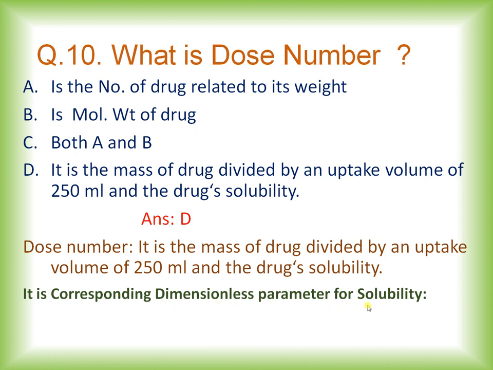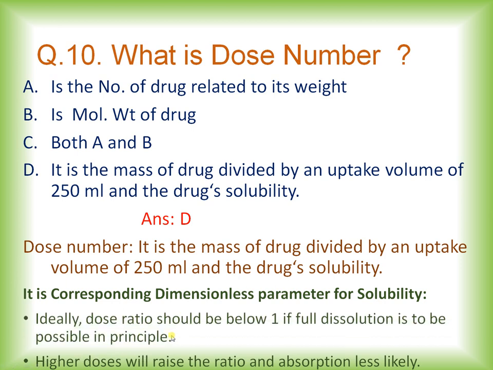As we have seen earlier, BCS classification is based on 3 parameters which govern the absorption or bioavailability. The first parameter is solubility. This dose number is a corresponding dimensionless parameter used for solubility, and it is defined as the mass of drug divided by an uptake volume of 250 ml and the drug's solubility.